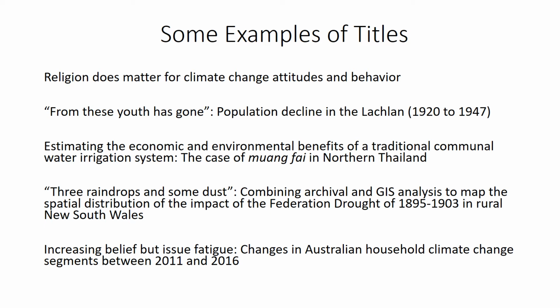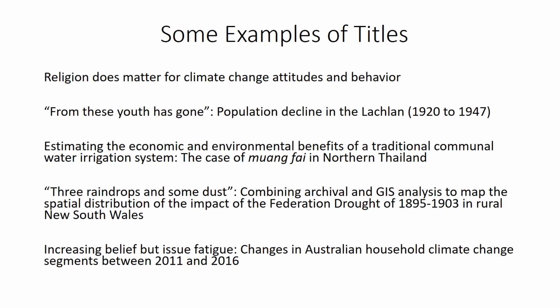Next one, again a longish title, again with a quotation, "Three raindrops and some dust." That is a line in a famous poem in Australia. And so we borrowed that line and included it as the title of our paper, which was about the Federation drought, perhaps one of the longest and most severe droughts in Australia's history.